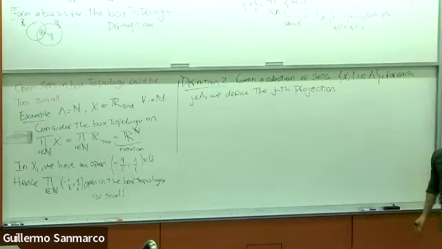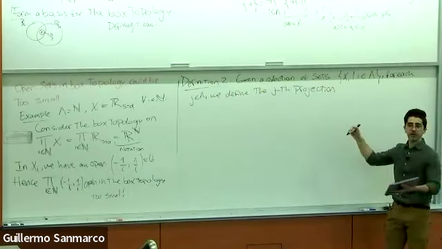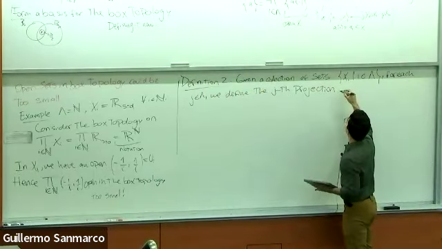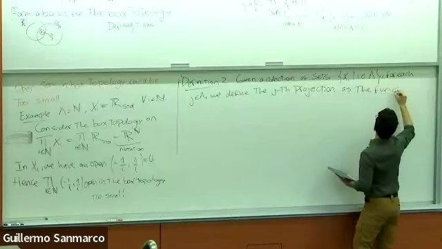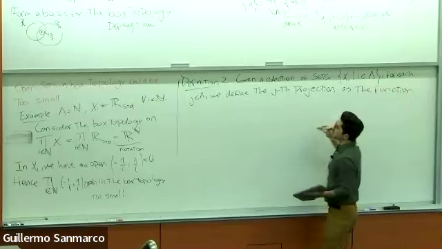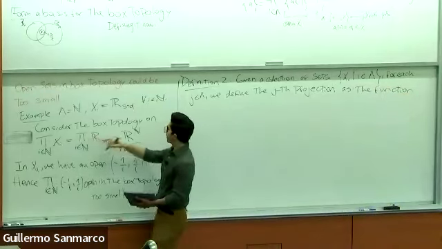So this shouldn't be new. You know, from R times R, you have two projections to each of the coordinates. We have the same here as a function. I would like to use pi, but I'm using pi for this already.